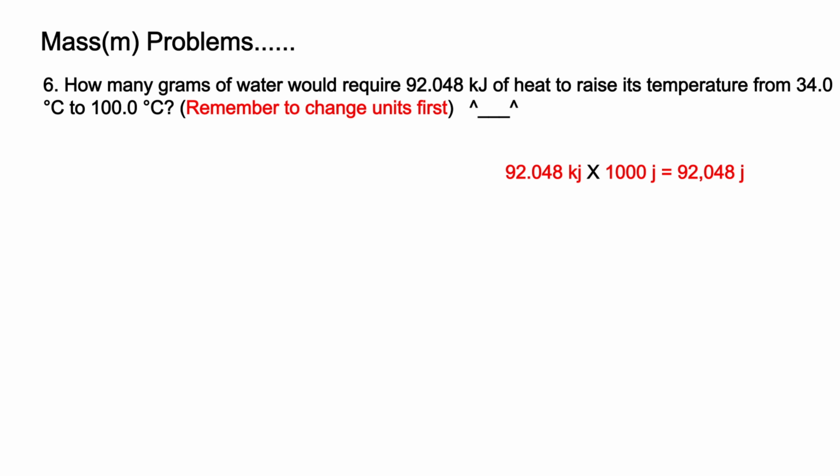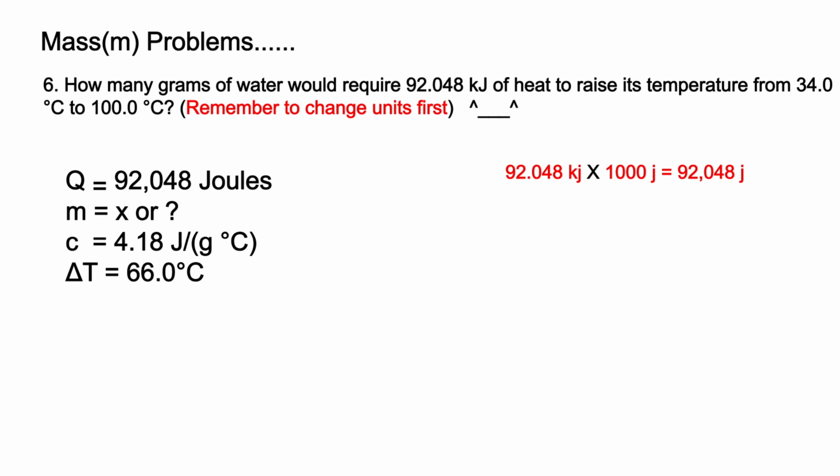The specific heat of water, like always, is 4.18 joules per gram. Delta T is equal to 66. Why? Because we are going up from 34 to 100 Celsius. And here's the equation.